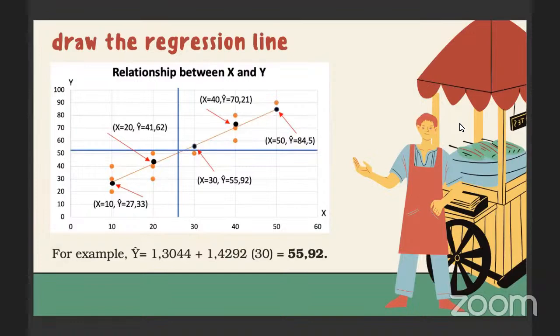For example, the equation is 1.3044 plus 1.4292 times the selected value of x. In this part is the 30, which is the example.